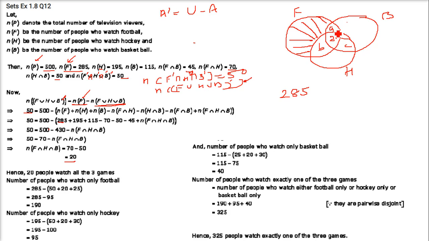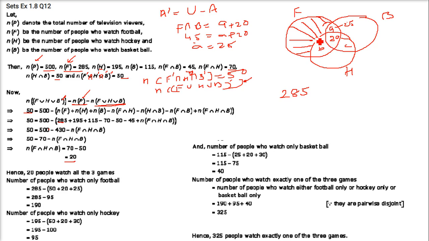Then this is the intersection between F and B. F intersection B is A plus 20, so A plus 20 equals F intersection B. And what is F intersection B? It is 45. So A is 25.